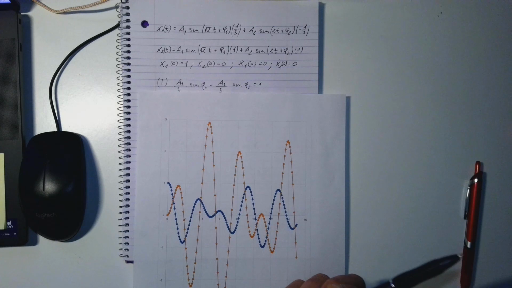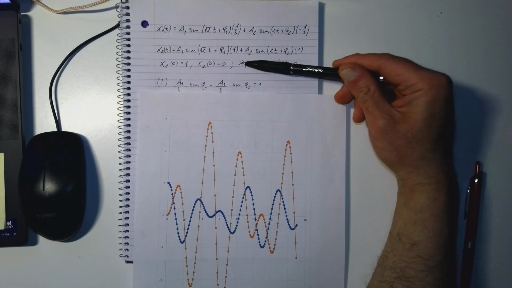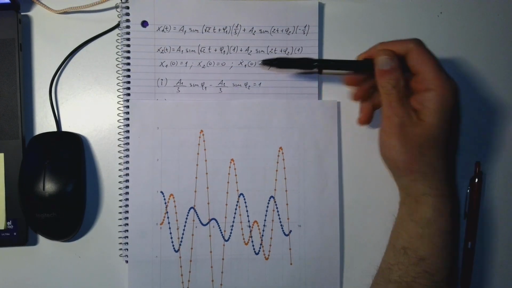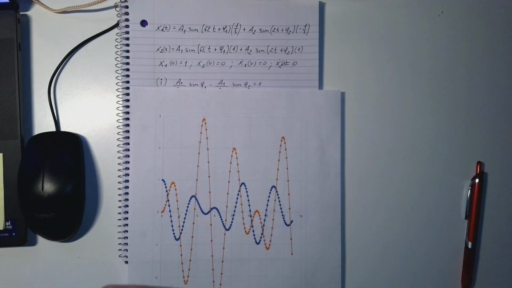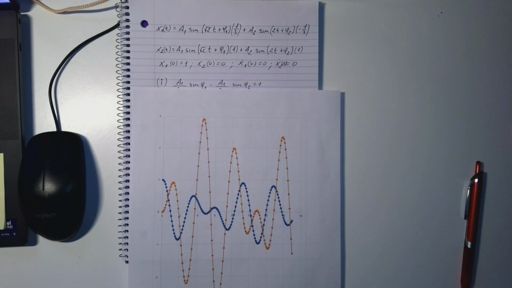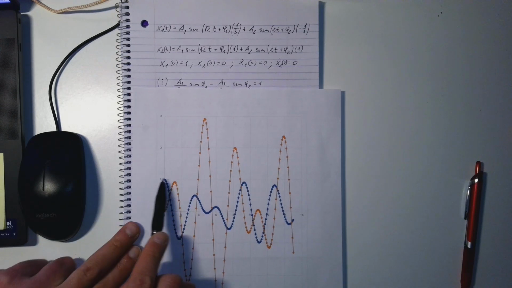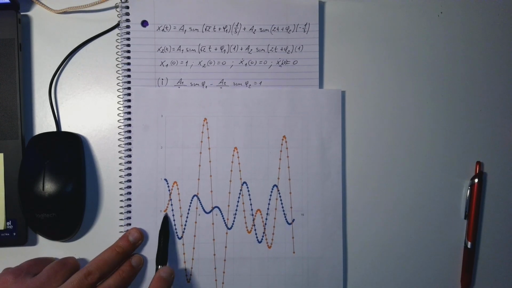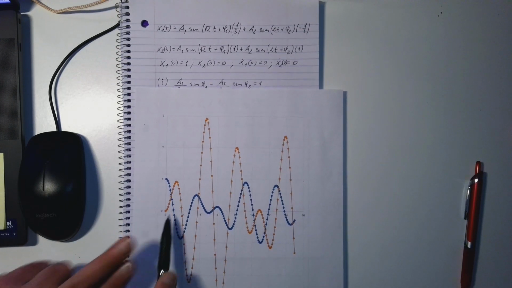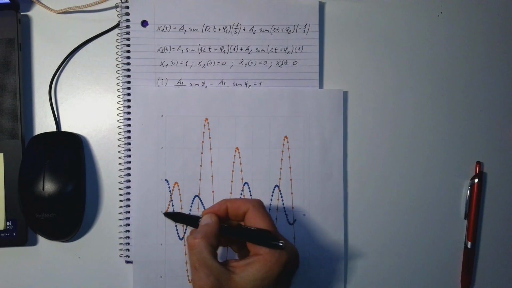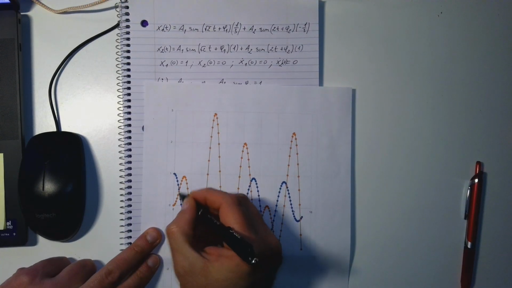Exactly. The slopes are also 0. If we look at these two, we know that the initial velocity must be equal to 0. Velocity is mathematically the derivative of the displacement, which means that on the graph it would be the tangent, so the slope. So the slope here must be horizontal, and the slope here must also be horizontal. And if you look, this is how it starts.